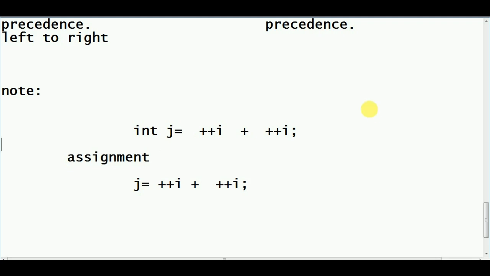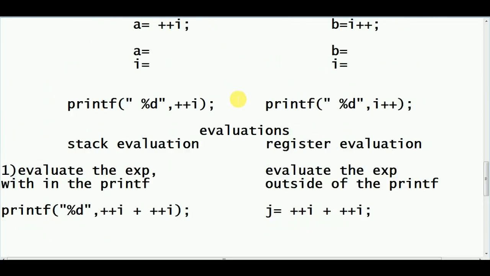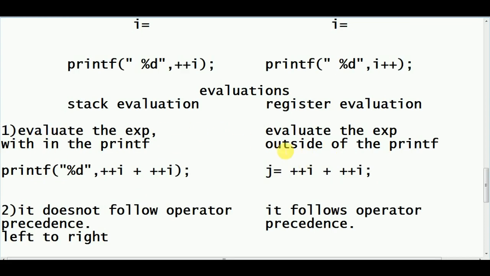Okay, another example, if I write printf of, see this, %d, plus I plus I plus plus. If I write plus I and I plus plus, then what will be the output?